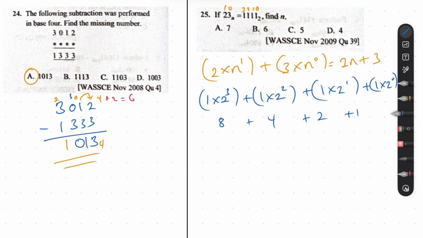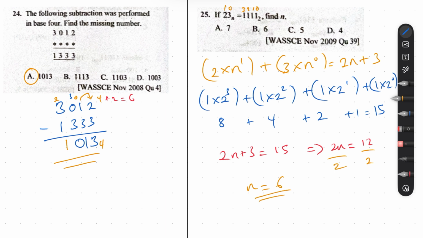That is 15, okay? 15. Cool. So now when we equate these two, what do we get? We have 2n plus 3 is equal to 15. Then we have 2n is equal to what? 12. If you divide by 2, what are we left with? n is equal to what? 6. So that is our answer, 6, which is B.